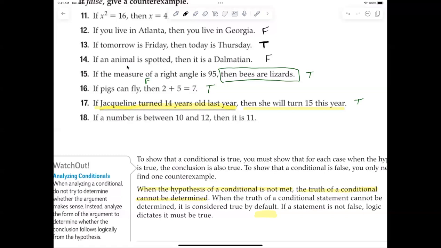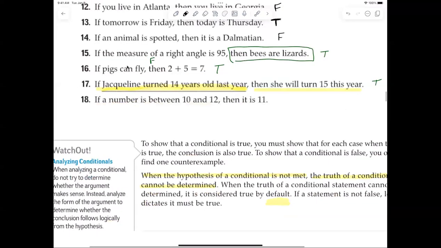All right. Well, it's actually no matter what age she is right now. No. Okay, all right, let's move on. If a number is between 10 and 12, then it is 11.